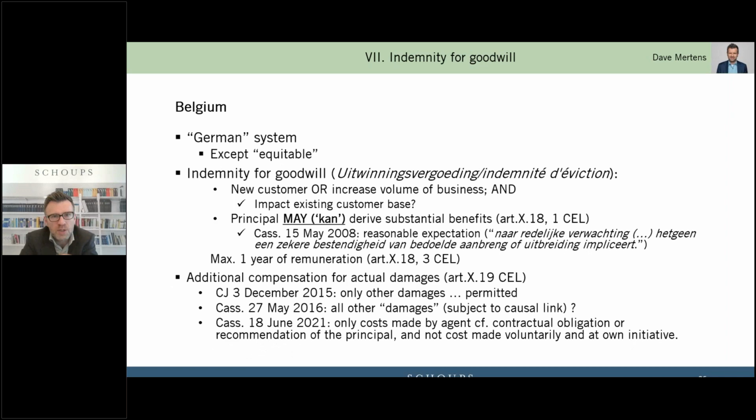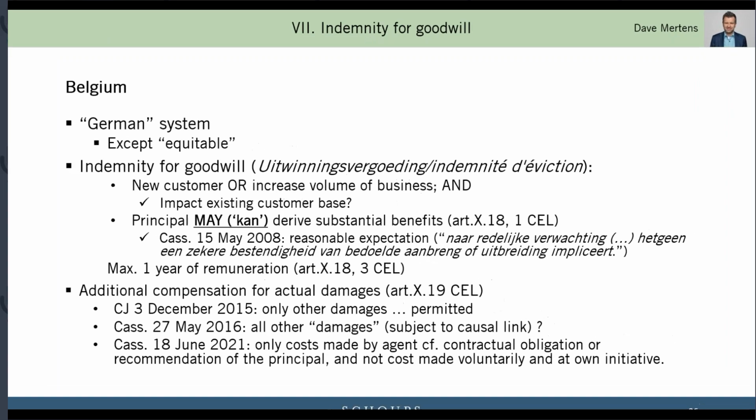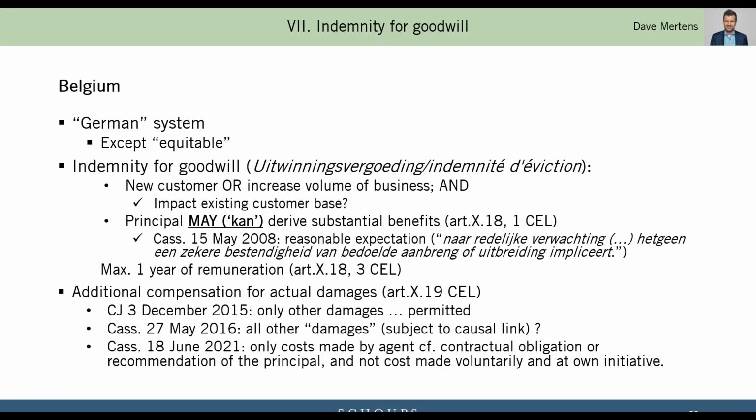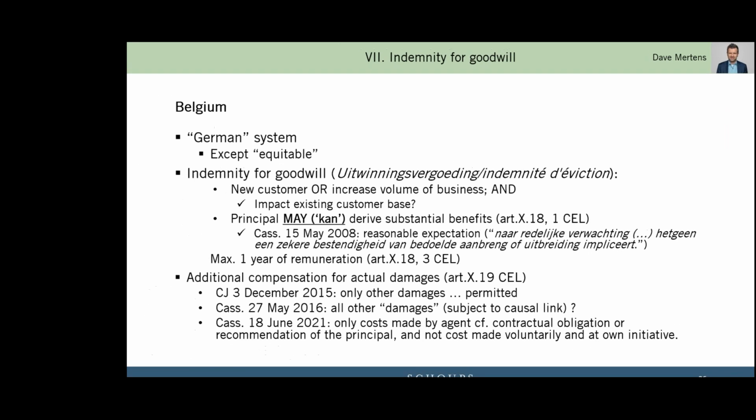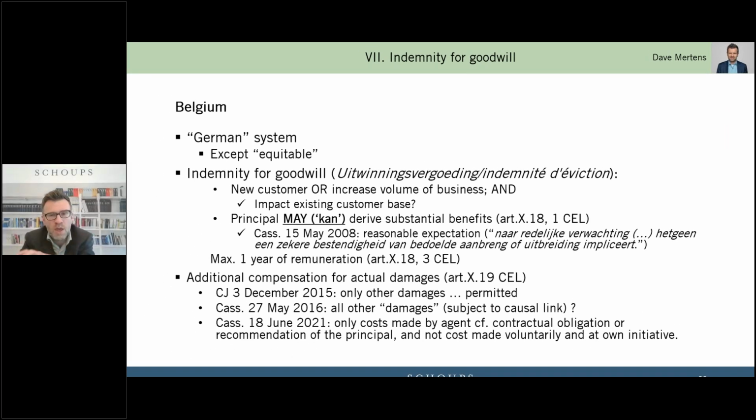What they have introduced is a pure indemnity for goodwill linked to the benefits for the principal, whether it's equitable or not. It talks about new customers and or increase of volume of business with existing customers. So it's one of the two or both that is taken into consideration.